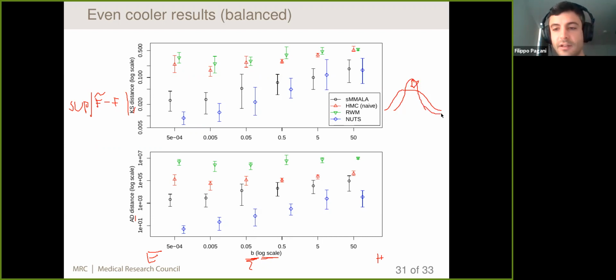The tails are already quite low, so there isn't much room for disagreement. This is why the Kolmogorov-Smirnov distance tends to pick up discrepancies that happen around the mode rather than in the tails of the distribution.